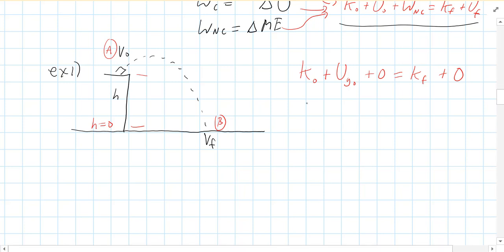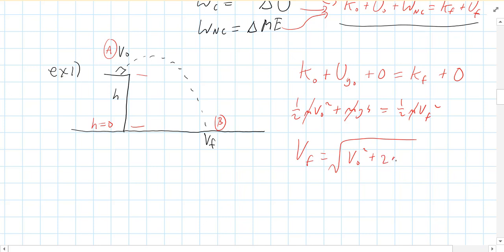Well, then you sub in your equations. So we've got 1/2 m v naught squared plus mgh equals 1/2 m v final squared. The m's drop out, and if you solve for v final, you're going to get the square root of v naught squared plus 2gh. Now at this point, if I gave you the angle that this ball is launched at, then you could find vx.